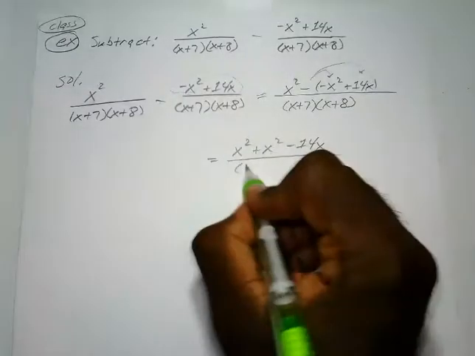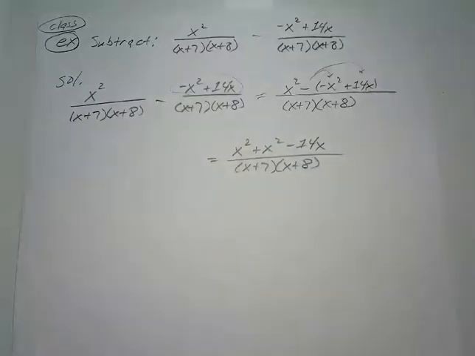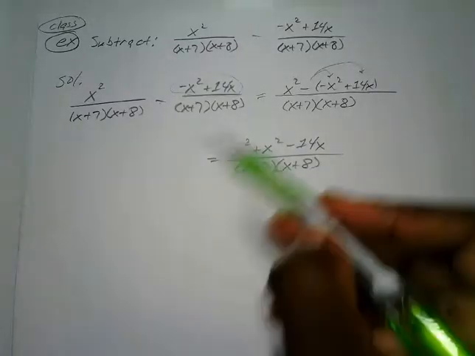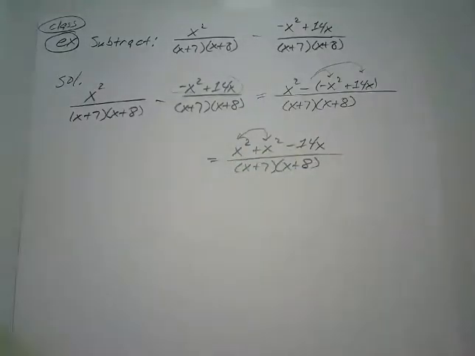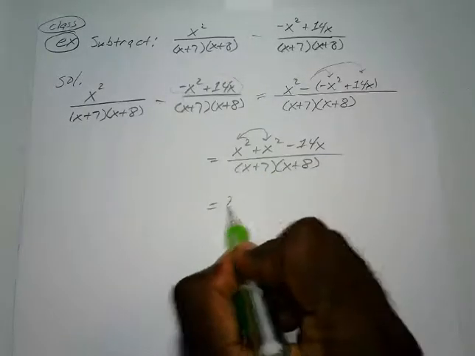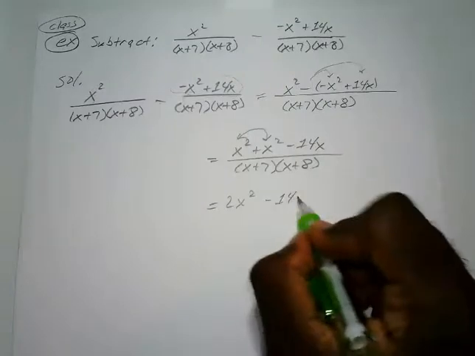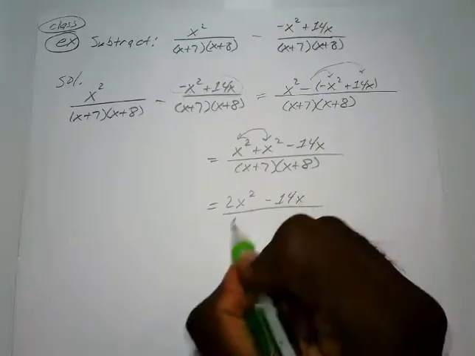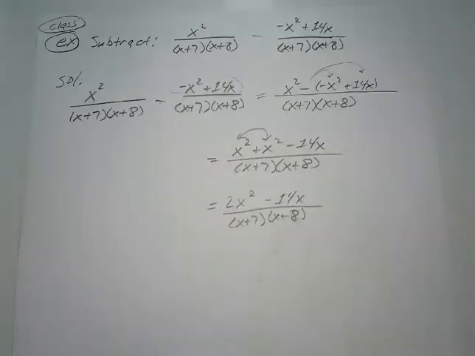All over x plus 7 times x plus 8. Okay, so now we can go ahead and combine our like terms. So x squared plus x squared is 2x squared. So we have 2x squared minus 14x all over x plus 7 times x plus 8.